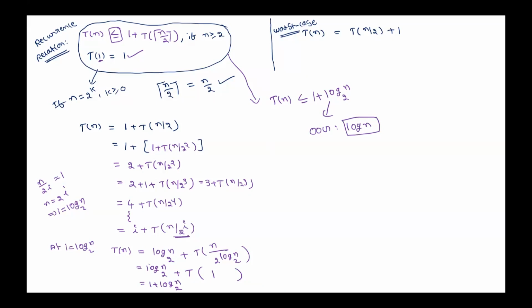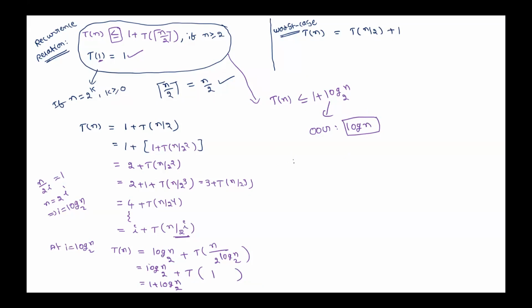Order of growth is log n. Okay, so now that means what is this log n here? In the worst case, its order of growth is log n.